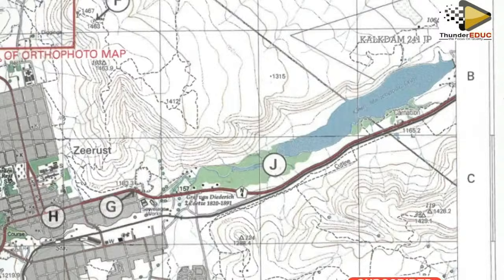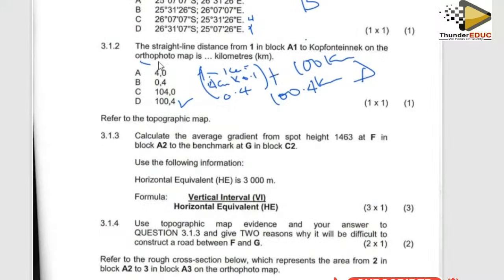So we say VI is equal to 1463 meters, which is the biggest, minus the lowest, the benchmark, which is 1183.3 meters. The answer you get here is 279.7 meters. That is the VI. But remember, the HE is given. We apply it in the formula.